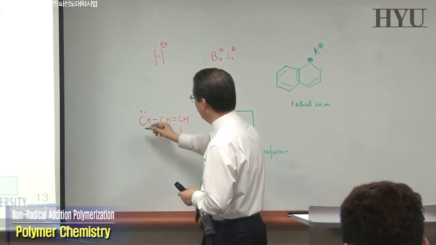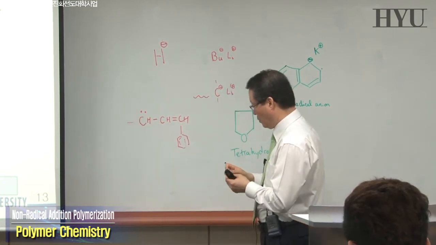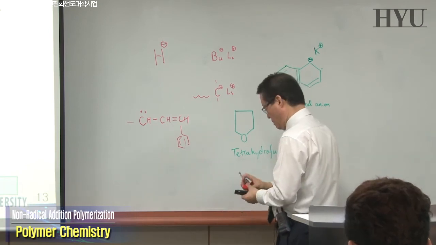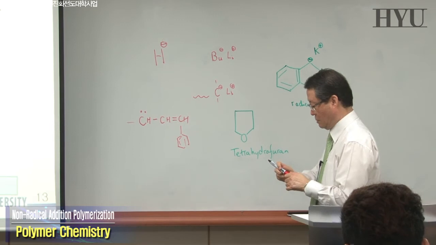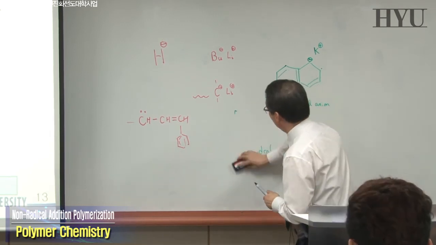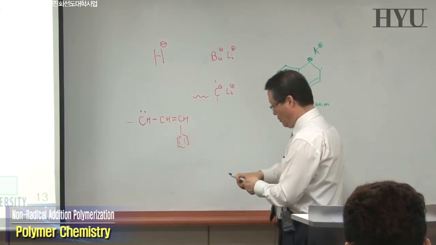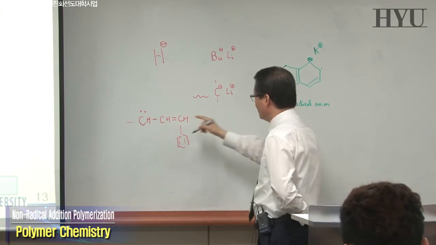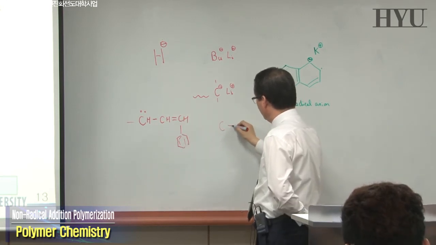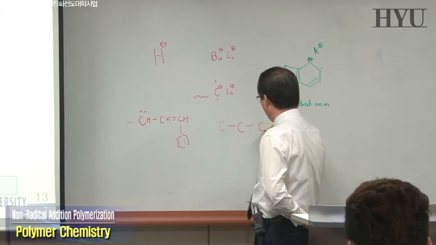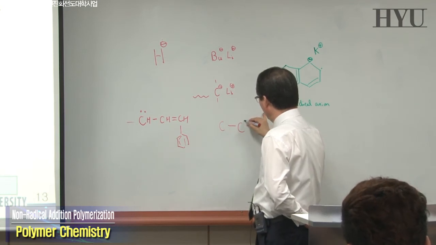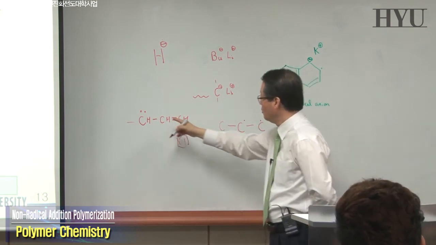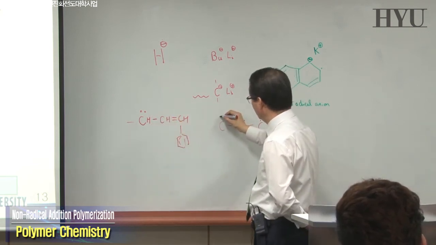This is called the allylic component. This allylic component is very inactive because your carbon will form double bonds, right? And you have one more electron.